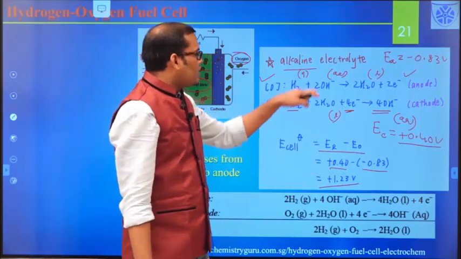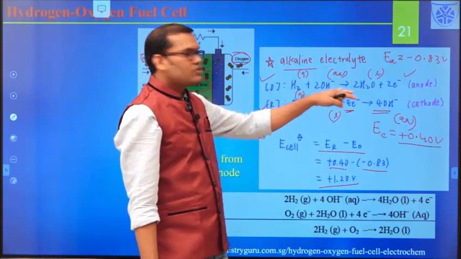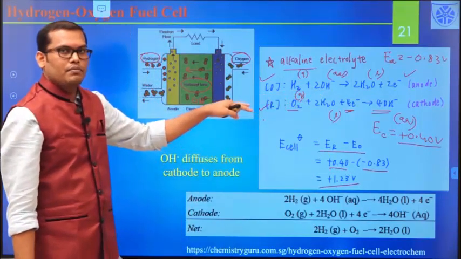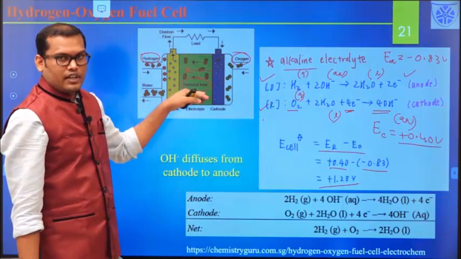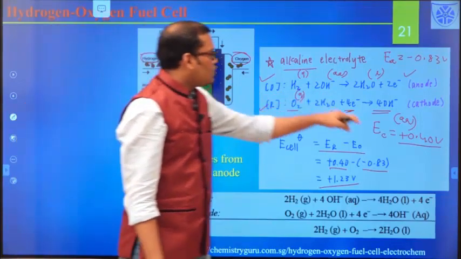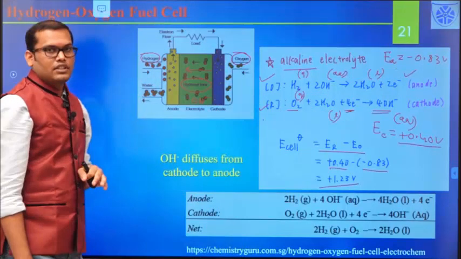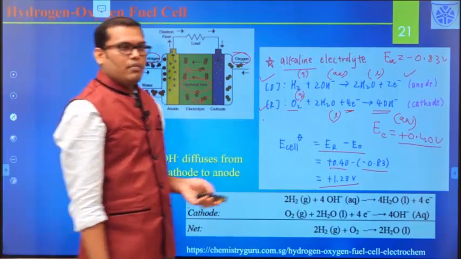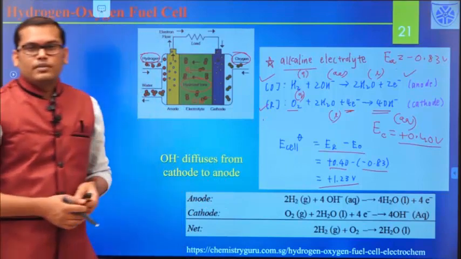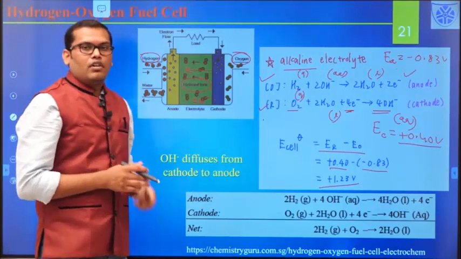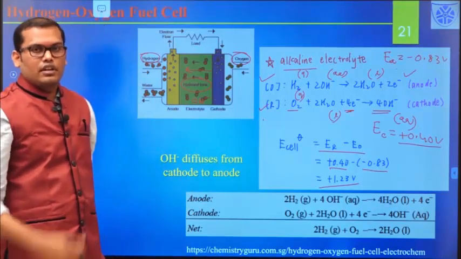Depending on the electrolyte, the electrochemical reactions will be a little bit different because the charge carrier is different, right? But the cell voltage can also differ, because if you remember the Nernst equation, E equals E0 minus 0.059 by n log of oxidant by reductant.